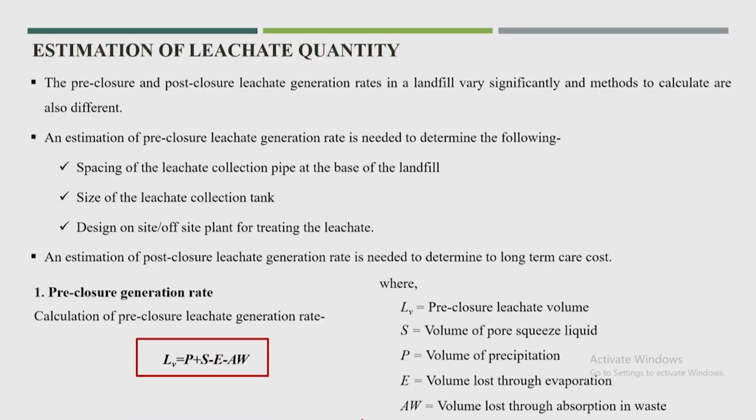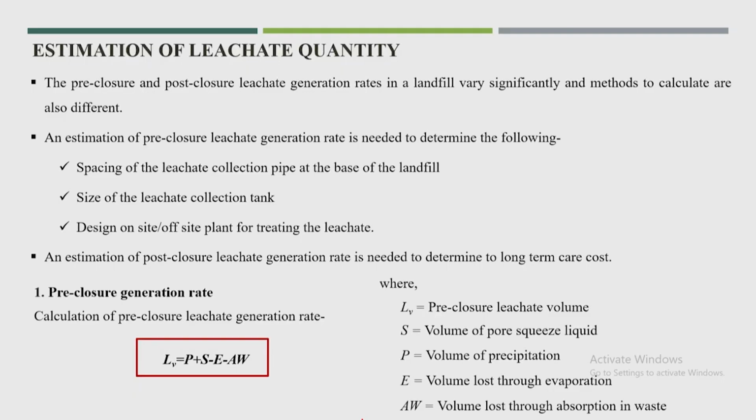Normally, the pre-closure generation rate can be calculated by a simple equation. The pre-closure leachate volume is the sum of the volume of precipitation and the volume of pore squeezed liquid, that is, excess moisture, minus the volume loss through evaporation and the volume loss through absorption in the waste material.